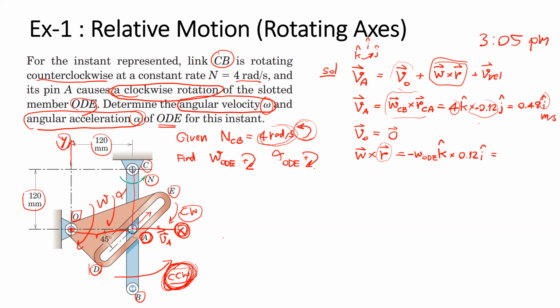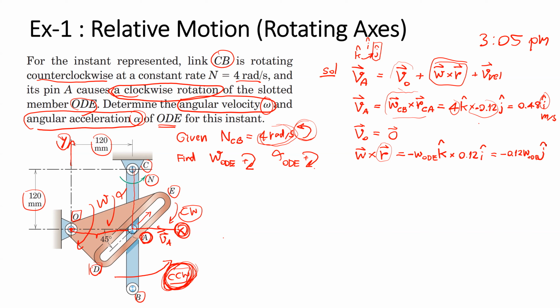So K cross I will be positive J. And we have minus 0.12 omega ODE in the J direction.